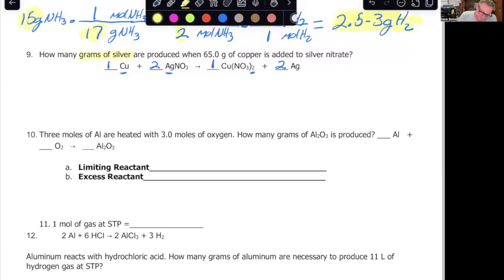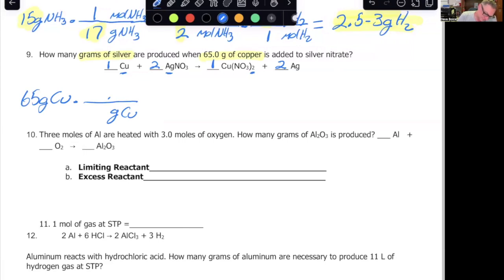How many grams of silver from 65 grams of copper? So I have identified my A and my B. Let's start with my A, which is 65 grams of copper. And let's move my unit down like always. Okay, I'm going from gram to gram, so I'm going to go the whole stretch.